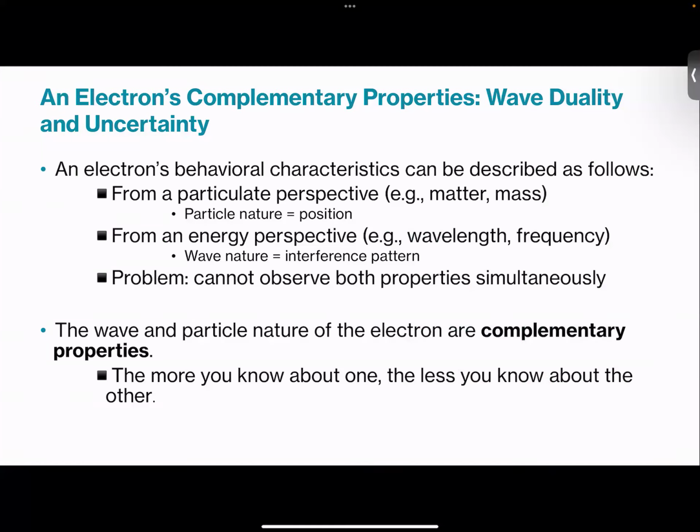These are complementary properties, and there is an uncertainty to it. It can be described as a particle, and we can get the matter, and we can get the mass, and we can know its position. Or it can be described as a wave, and we can get the wavelength and the frequency. But you can't observe both concepts simultaneously.